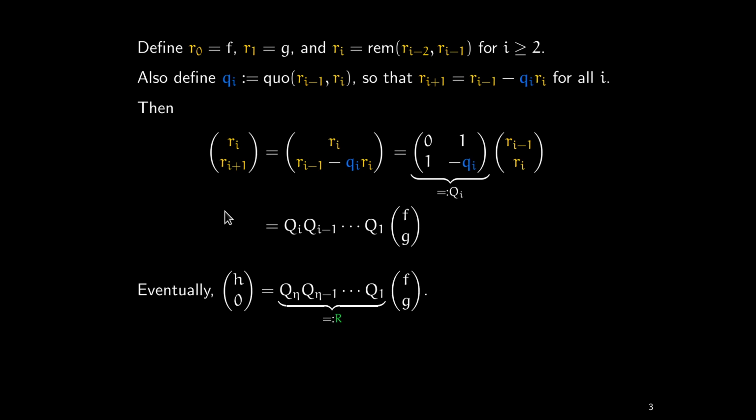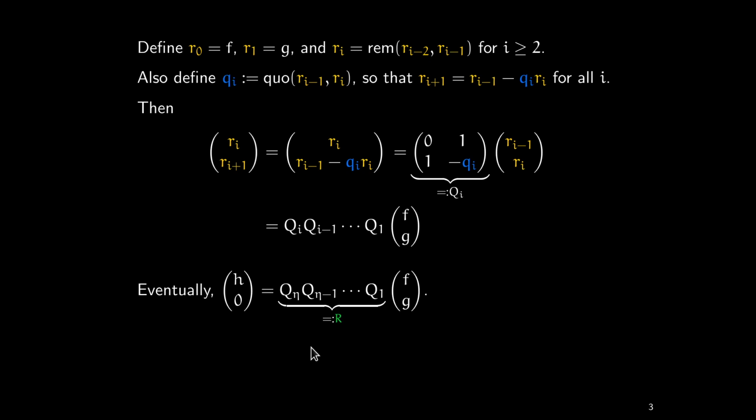At the very end, you'll have a certain number of these Q's, and I don't know in advance how big this number is, but you have a certain product of these Q's, and call this product R. This is a 2 by 2 matrix with polynomial entries. The polynomial entries are such that multiplying the matrix to the vector f and g gives you the GCD and 0.